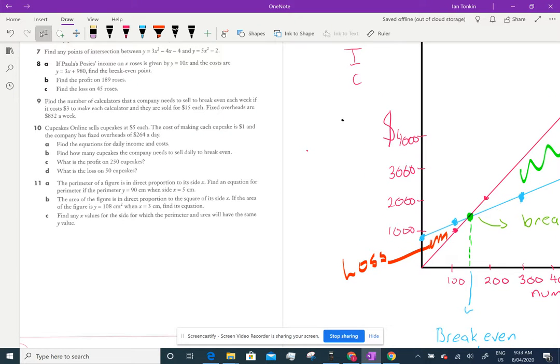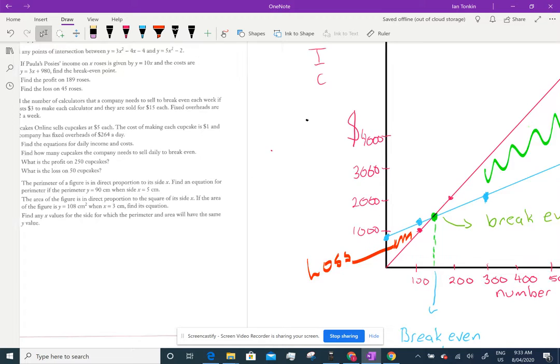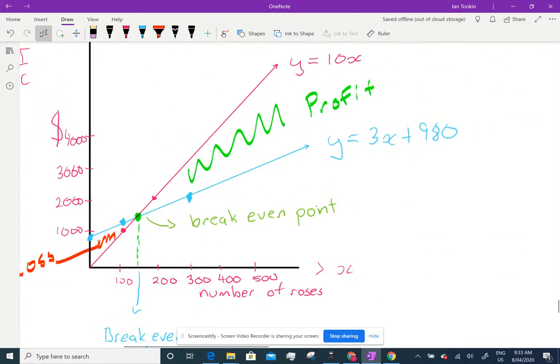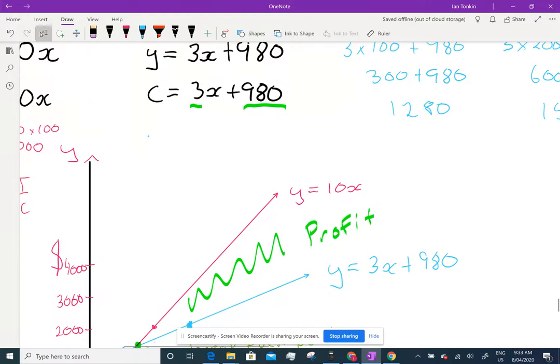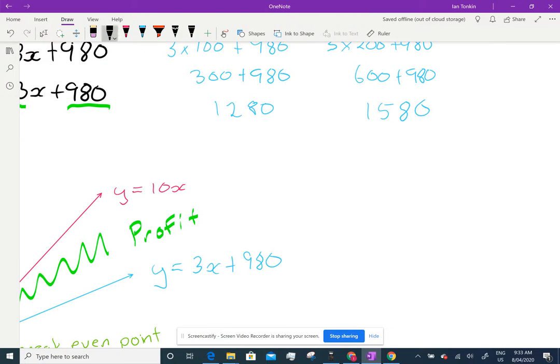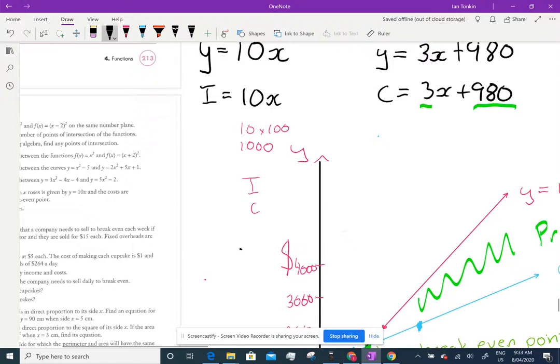Find the profit on 189 roses. Okay, so the profit on 189 roses. Can you see how difficult this would be? You go on 189, it's really hard to work out. But you've got the two formulas here.